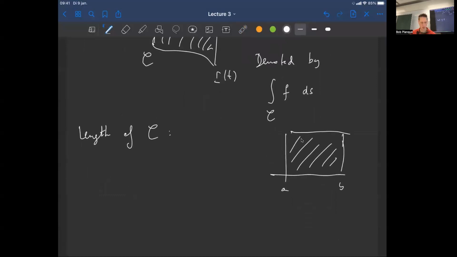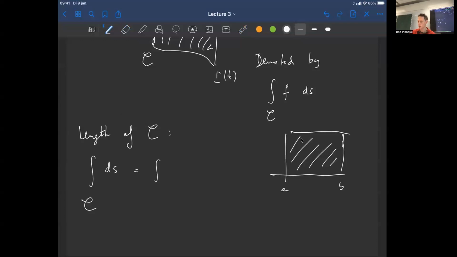And I believe I already did that last time, when we were doing parameterizations, in the first lecture. The length of C is denoted by this integral, and so the value 1 that I'm integrating is absent from the notation. Well, what did we have to do?